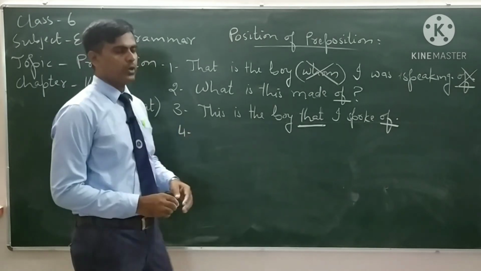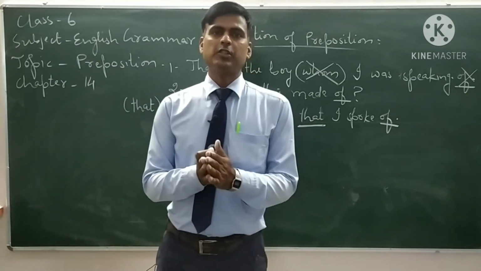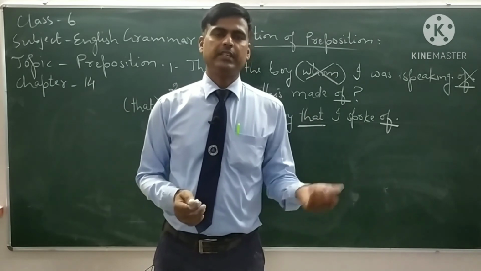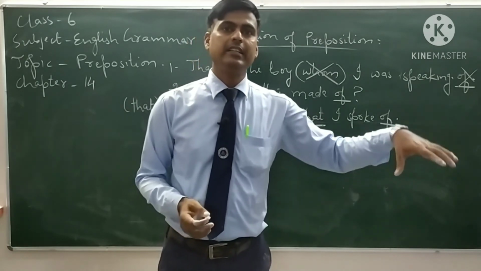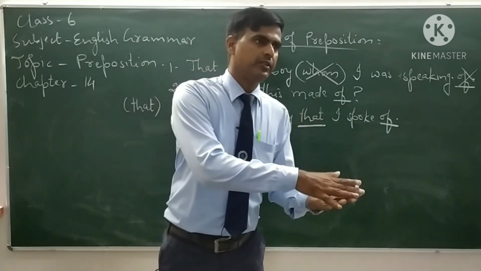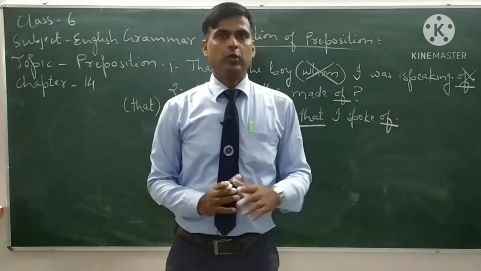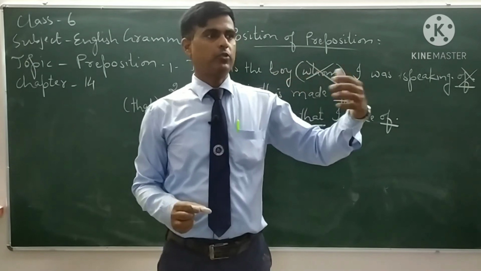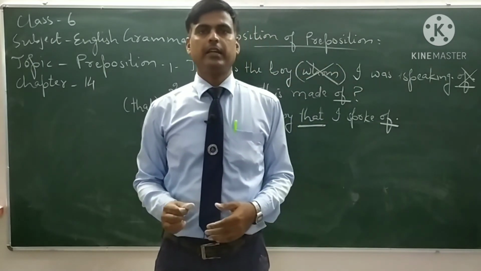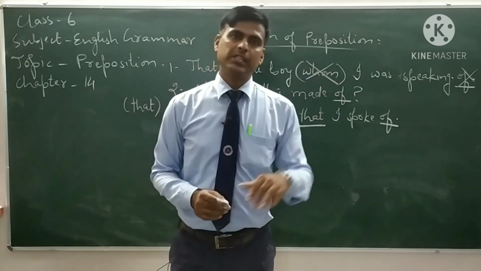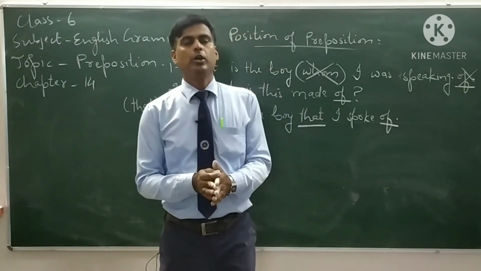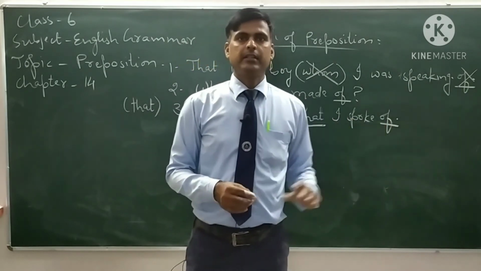Now see rule number 4. The preposition is also placed in the end of a sentence if emphasis is required in that sentence. Emphasis दबाव डालना, जोर देना, सेंटेंस पर जोर देना. कोई काम हम करने के लिए कुछ कह रहे हैं तो अपनी बातों पर जोर देने के लिए हम क्या करते हैं? We use the preposition in the end if we are going to show the emphasis on that sentence.